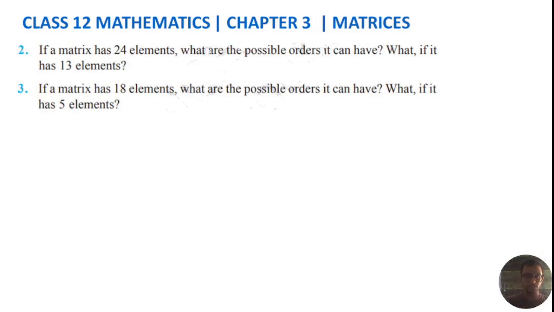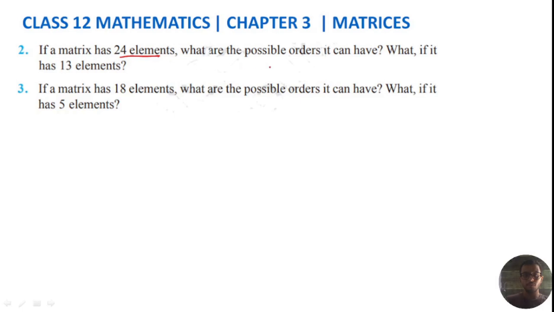The next question is, if a matrix has 24 elements, then what are the possible orders it can have? And what if it has 13 elements? So it's saying, suppose the matrix has 24 elements. What does that mean? I told you in the previous question how we find the total number of elements: number of rows multiplied by number of columns.